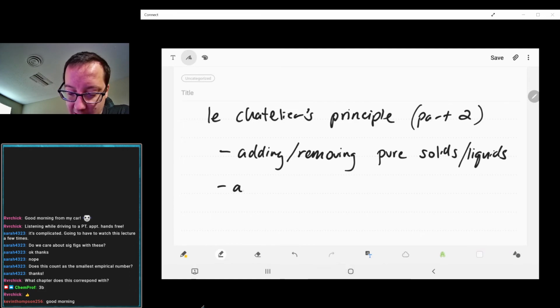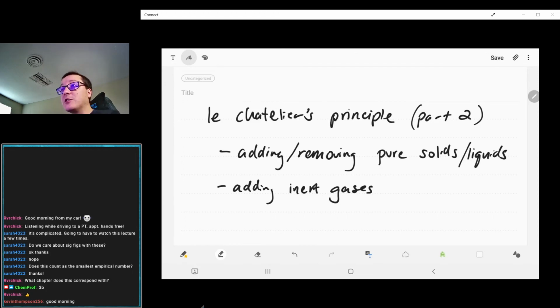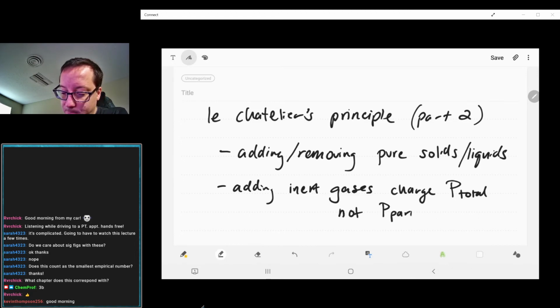We're going to see adding inert gases will also not change anything. So this will change the total pressure, but not the partial pressures. Partial pressures would stay the same. So we're going to see that adding an inert gas is also not going to change anything with our equilibrium.